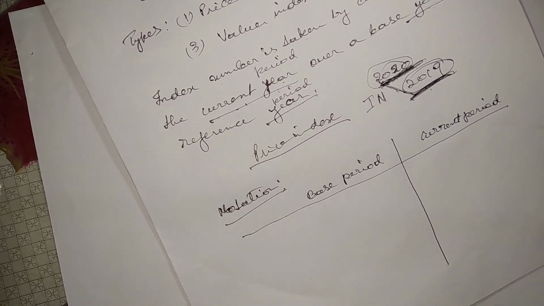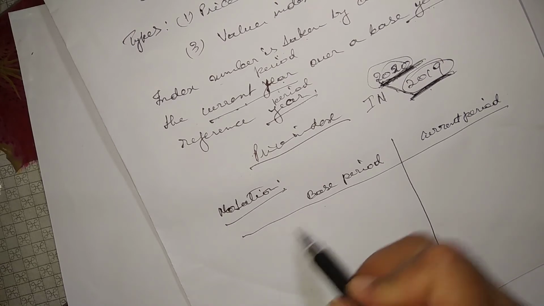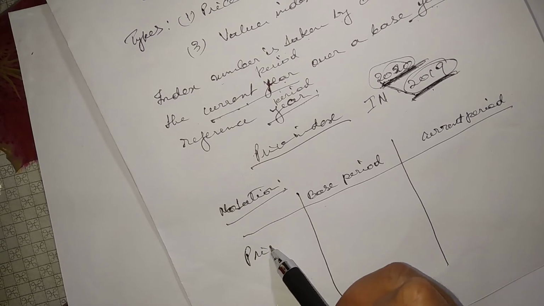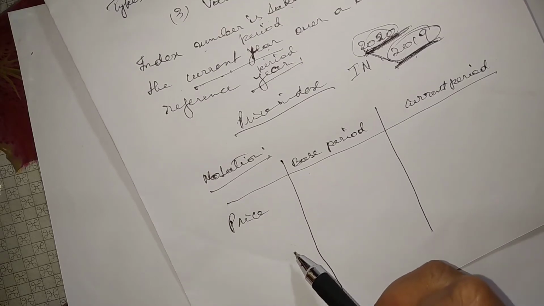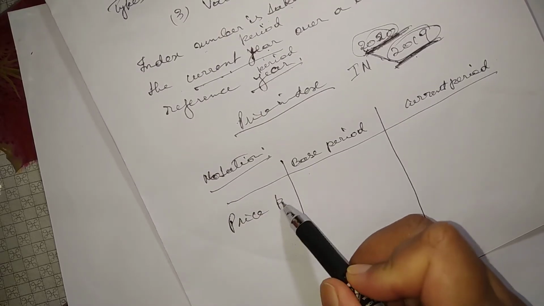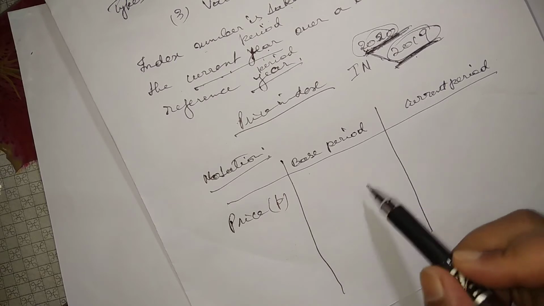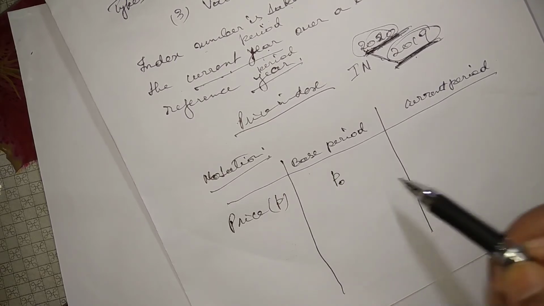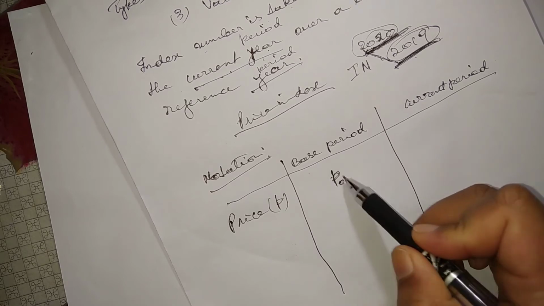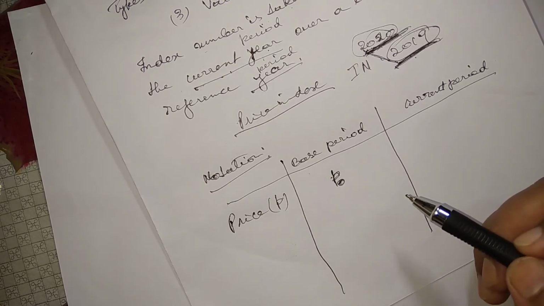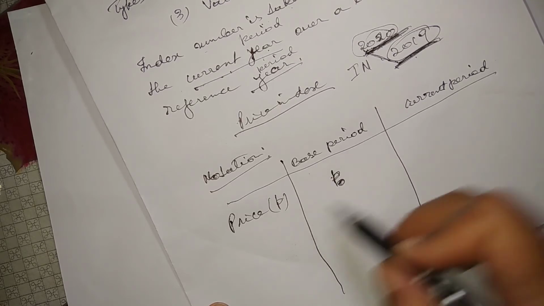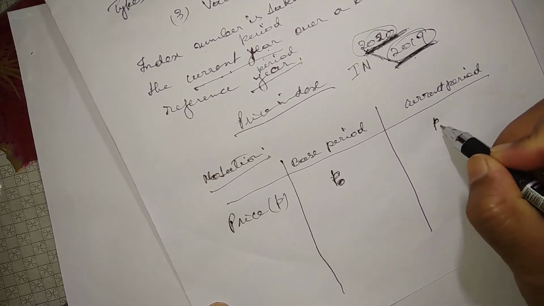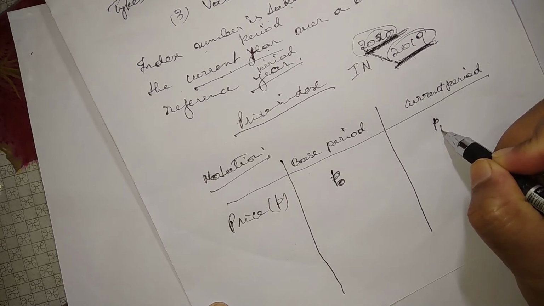So for price, for the base period we denote it as P naught, or P0, and the price for the current period we denote as P1.